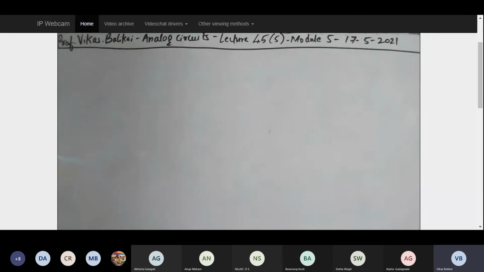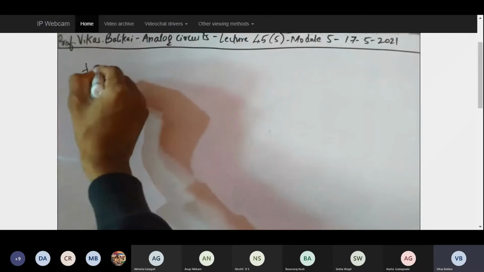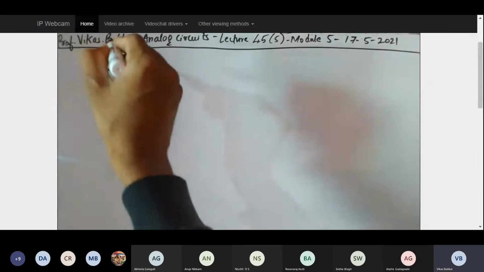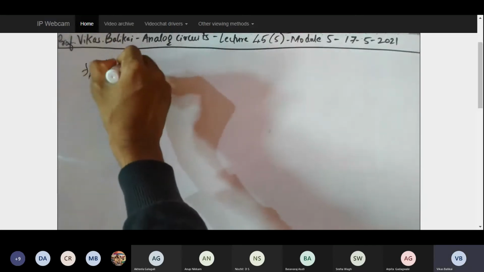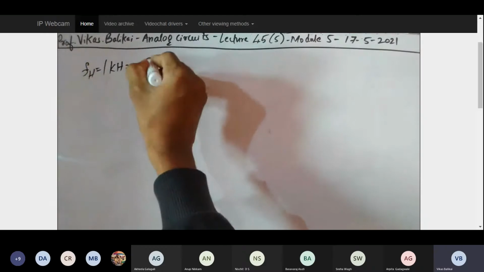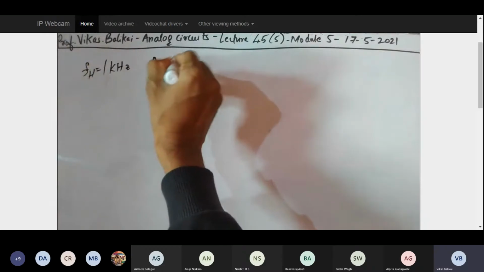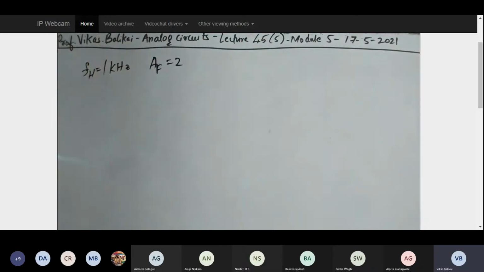last class, that is, the filter we are going to design for a cutoff frequency FH equal to 1 kilohertz and a passband gain AF equal to 2. These two parameters I'm going to consider as they are.